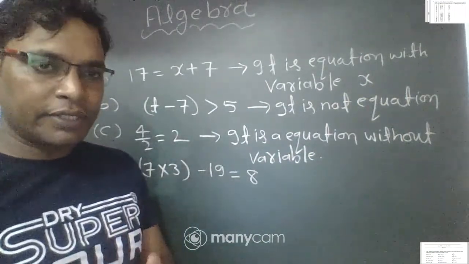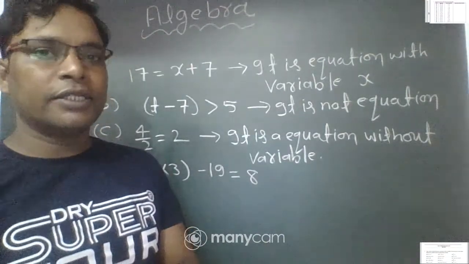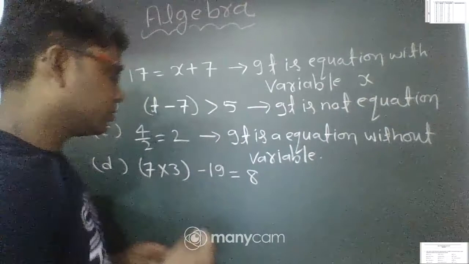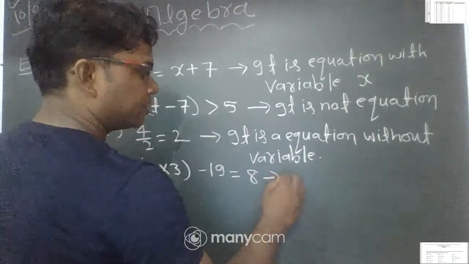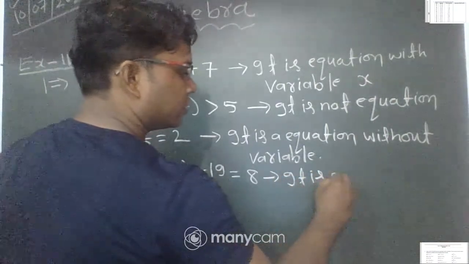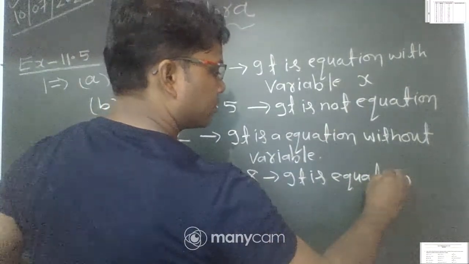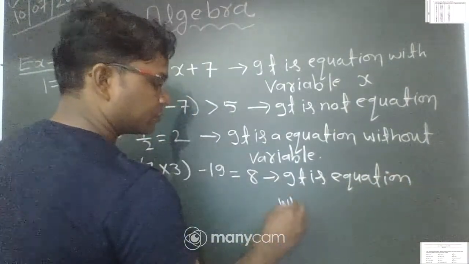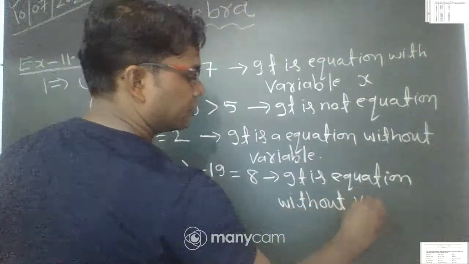If the left hand side is greater than or less than the right hand side, then this is not an equation. Okay, so this is an equation without variable.